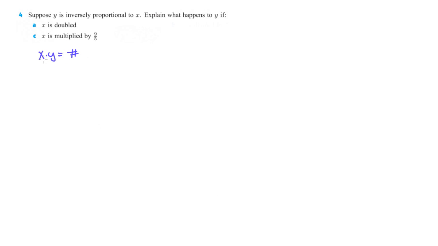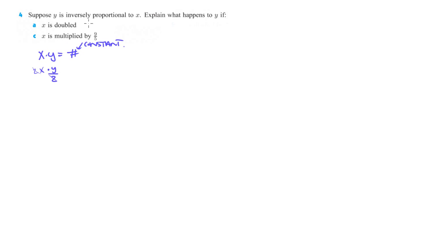If x is doubled, so now we have 2 times x, and this number times this number equals some given number that is constant, right? Then to make up for this being twice as big, this has got to be half as big. So it'd have to be 2x times y over 2, because then that's what's going to get rid of this 2. So we'd have to take half of the y.